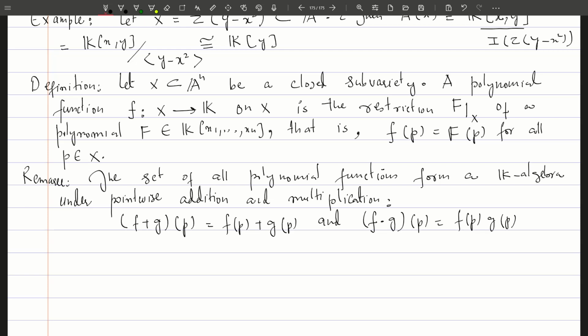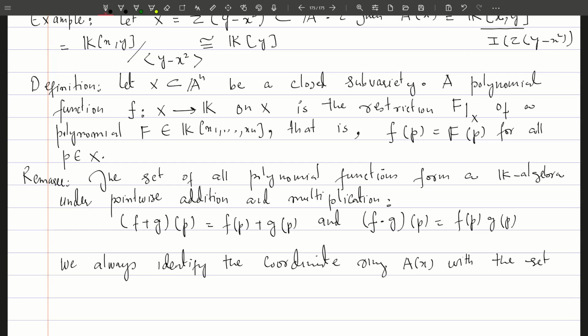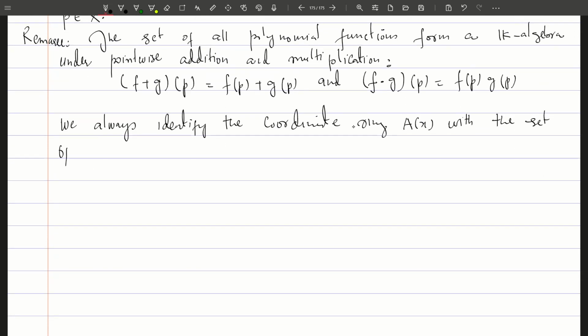So hereafter we will always identify the coordinate ring A(X) with the set of polynomial functions.